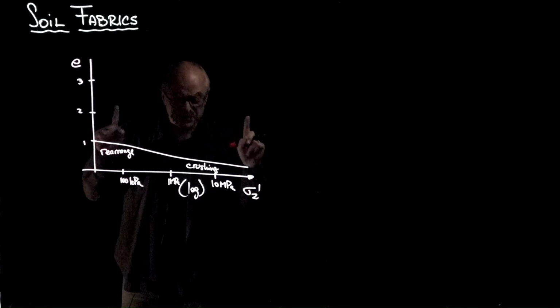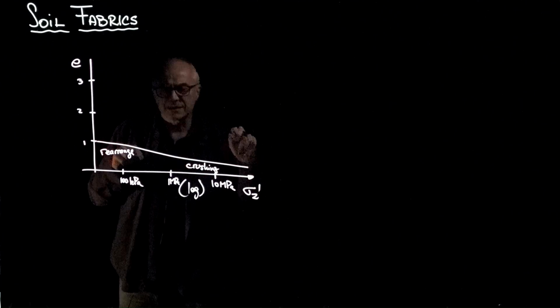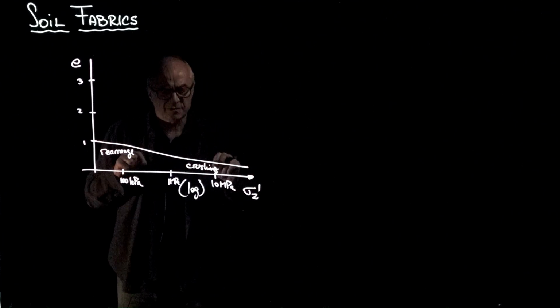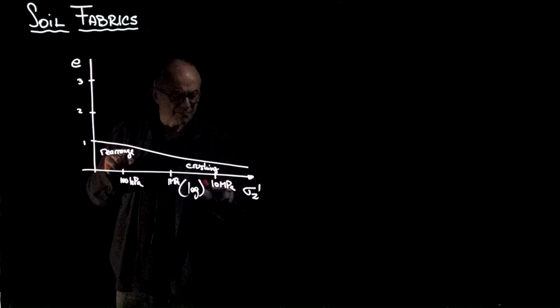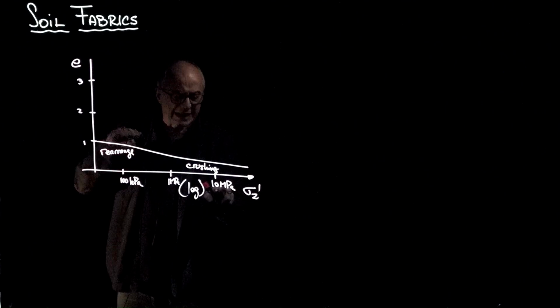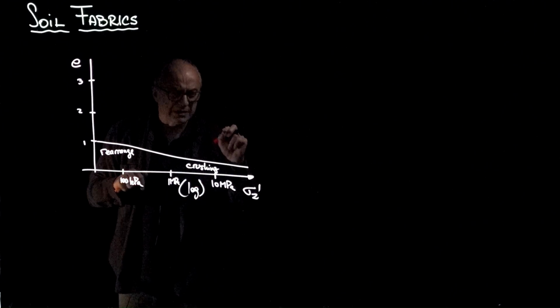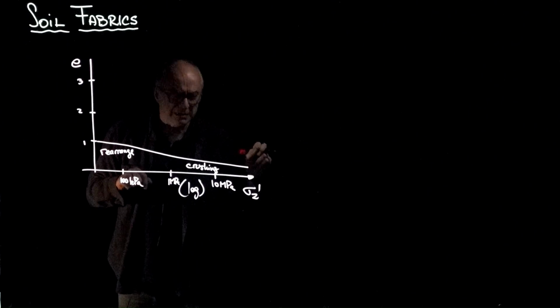I forgot to say that if burial is taking place, and this is 1 millimeter per year, to reach 10 megapascals, this is going to be approximately 1.5 kilometers of burial, and for 1 millimeter per year, this has taken 1.5 million years.